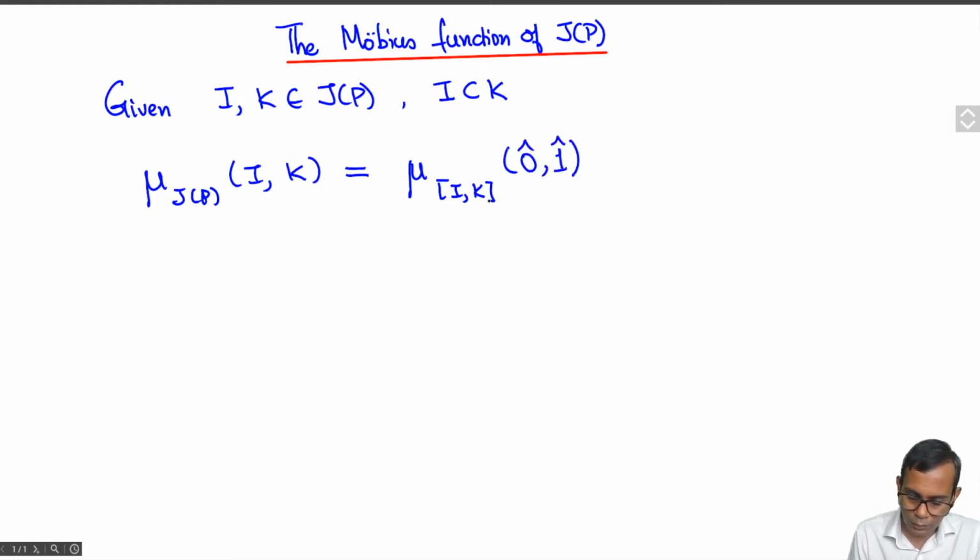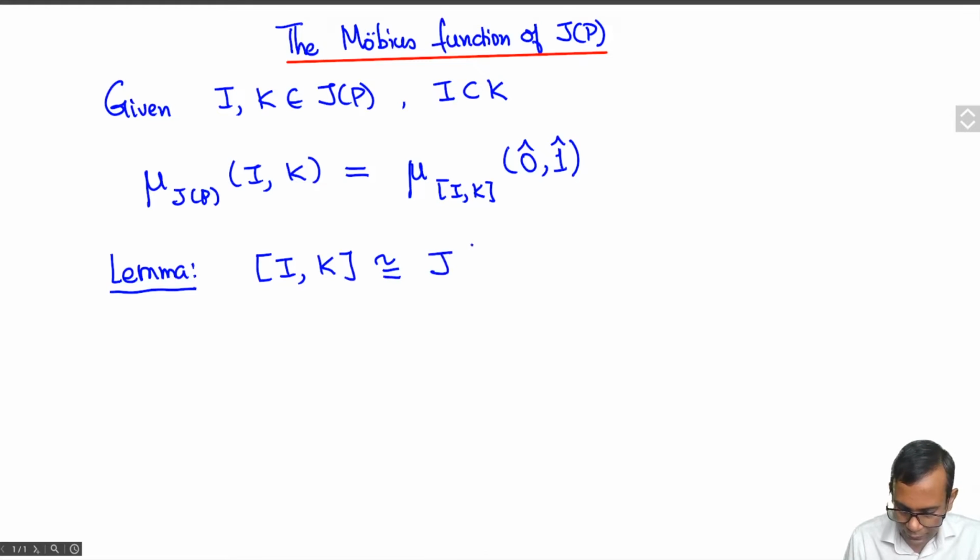And now the calculation becomes simple if we just realize that this interval is itself the lattice of order ideals of some poset. And that's that this interval I comma k in Jp is isomorphic to the lattice of order ideals of k minus I. And this is not difficult to prove.